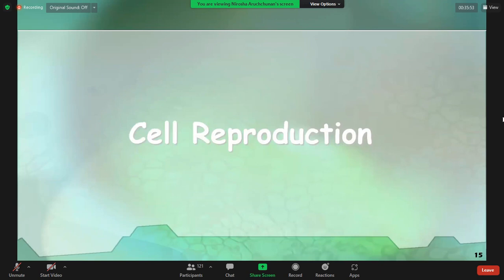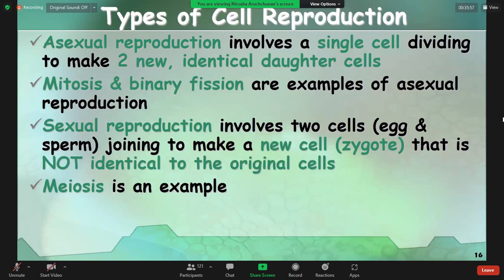And we will move into cell reproduction. So, types of cell reproduction: sexual reproduction and asexual reproduction, right? Don't pronounce it as asexual and sexual.